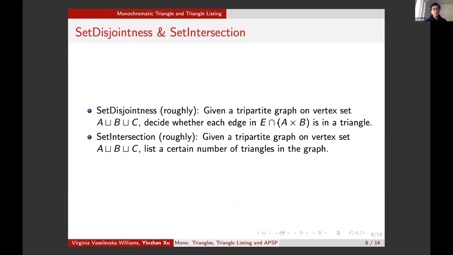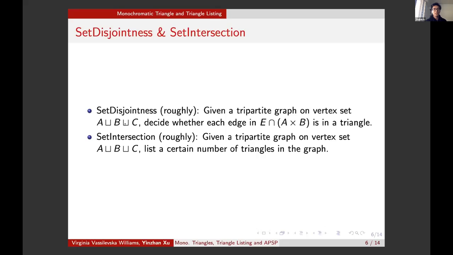Here, set disjointness and set intersection are 2 problems that are strongly related to the all-edges sparse triangle problem. Even though these 2 problems were originally defined on sets, we can also interpret them as problems on graphs. Roughly, set disjointness is a problem where we are given a tripartite graph on vertex set A union B union C, and we need to decide whether each edge between part A and part B is in a triangle.